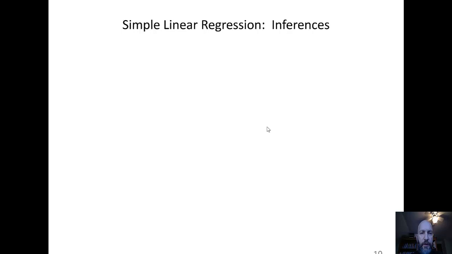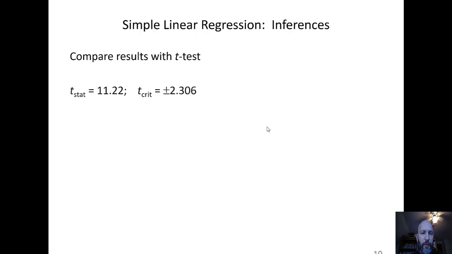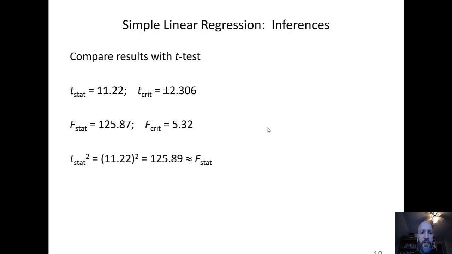Let's look at the similarities between the F and the t-test in a little more detail. Remember, our test statistic for the t was 11.22 with a critical value of plus or minus 2.306. With the F statistic, we had 125.87 with a critical value of 5.32. And it turns out if you square the t statistic, you get the F statistic. And there might be some rounding error there, but if you take it out to enough decimal places, it's going to be exactly the same thing.